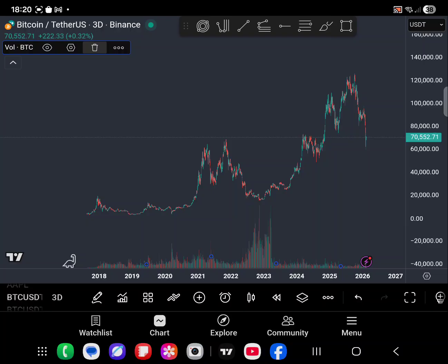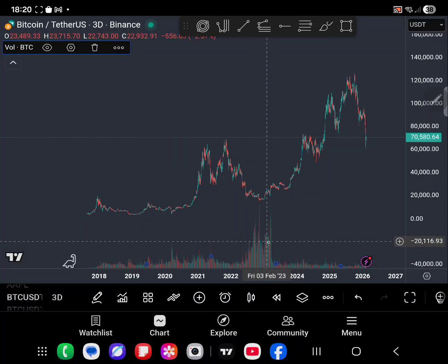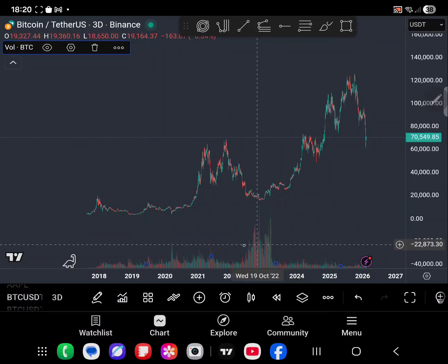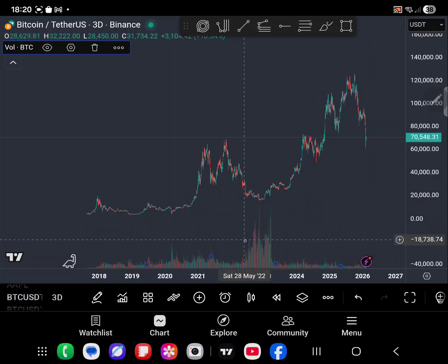I like using the Binance chart because Binance has good volume. An exchange that has high volume, their charts are going to be of a better quality, pretty much.